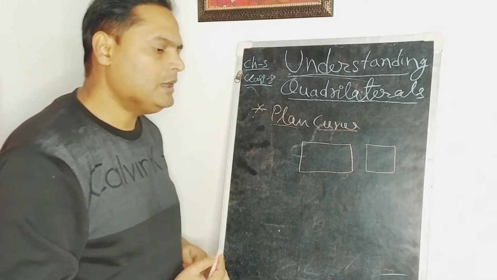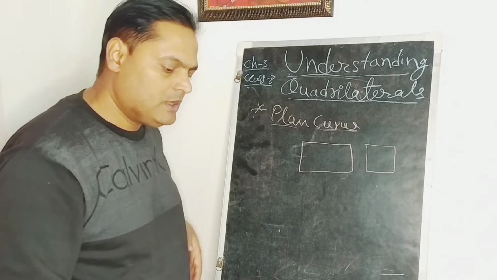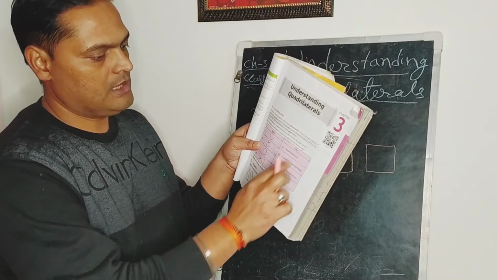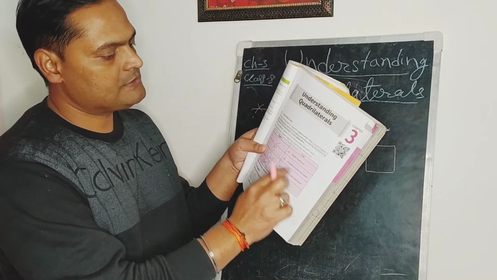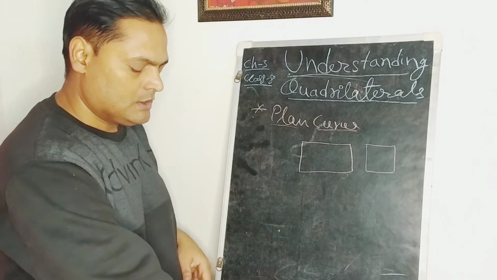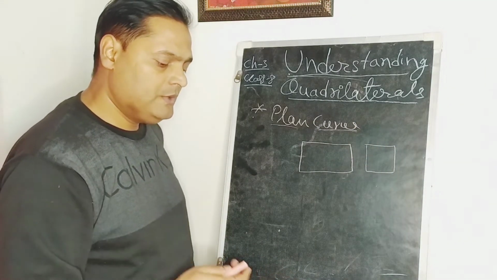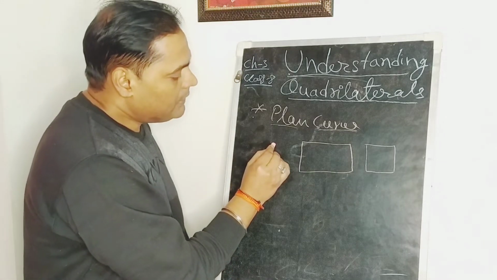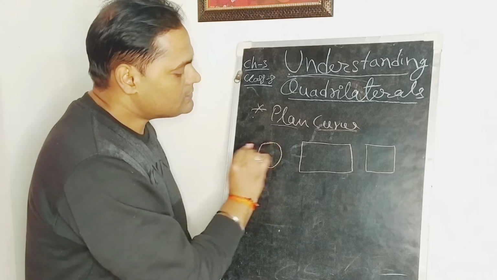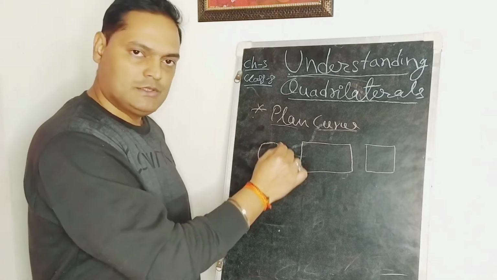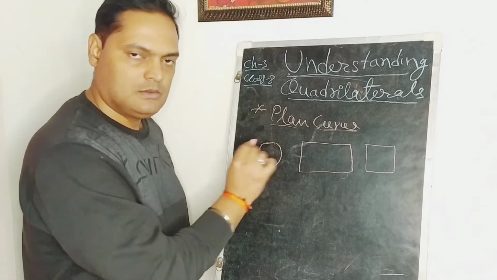So this is a plane curve, which is also given in the book: what the types of plane curves are, and which are closed and which are not. A simple closed figure is simply one which is drawn and completed, from the starting point to the end point meeting each other.